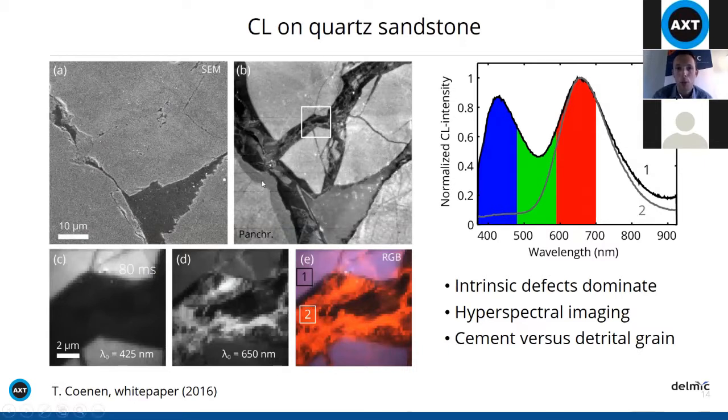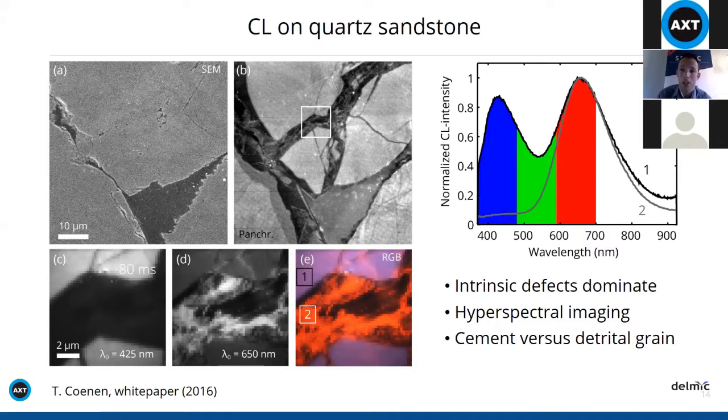But if you make a panchromatic cathodoluminescence intensity map, you see that there's a lot more structure to this than you would guess initially. You see actually that there's a crystal grain which is cracked into a couple of pieces, and this is a hard, high quality detrital quartz grain, but it's cracked, and then it was infilled with another type of material, and in fact this is quartz cement, which has a similar atomic composition.